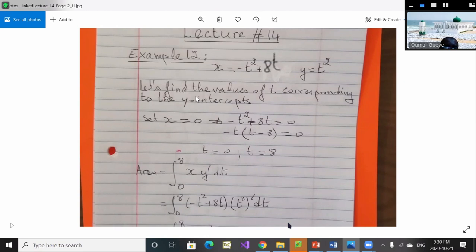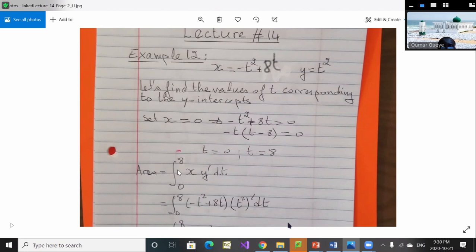And as you know, any point belonging to the y-axis has its x-coordinate equal to 0. That's why we solve x equal to 0. And when you solve x equal to 0, the common factor is t, so t equal to 0, or this bracket equal to 0. This gives t equal to 8. So it means alpha equals 0 and beta is equal to 8.